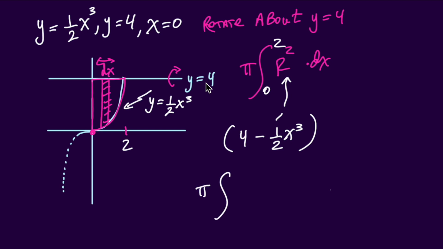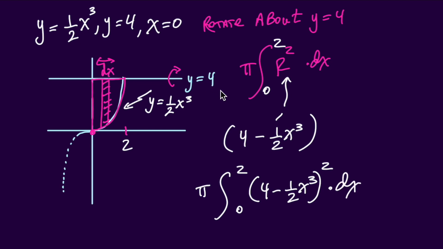So we're going to be left with pi times the integral from 0 to 2 of (4 minus 1/2 x cubed) squared times dx. Folks, we're then going to FOIL this, take the antiderivative, plug in the limits of 0 and 2, and when we do all that, our final answer is going to be 144 pi divided by 7.